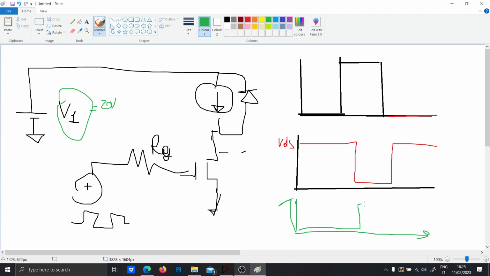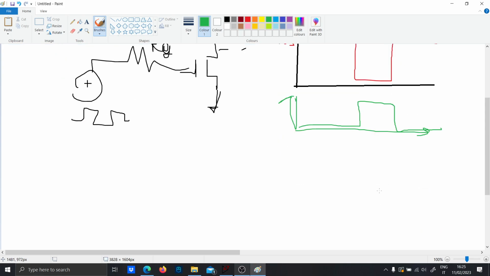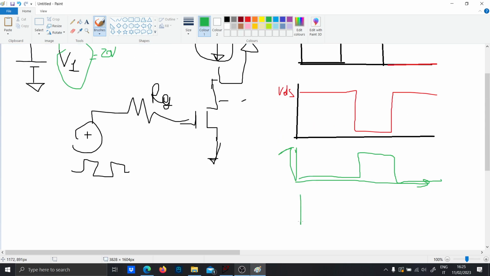So you will see something like this. As you can see, the dissipated power will be in the interval of the switching, turn on and turn off. So you will have something like this.